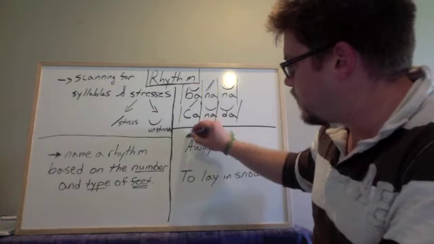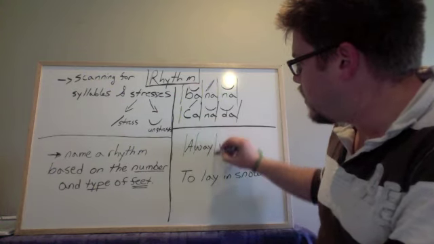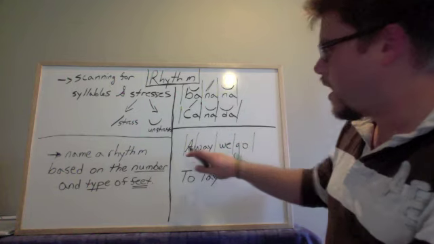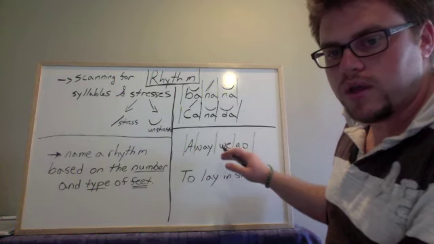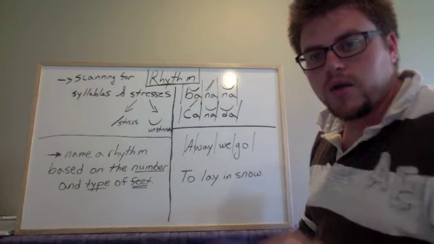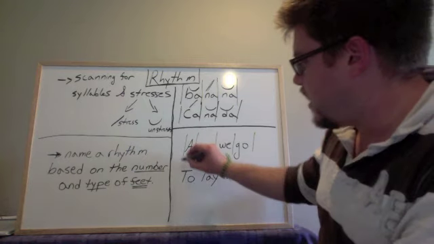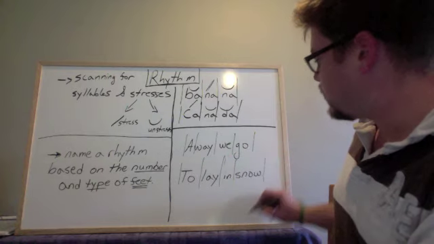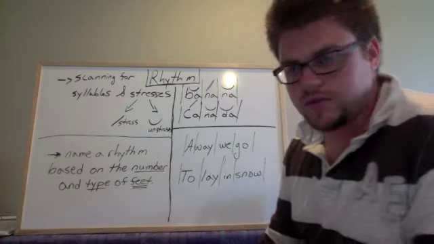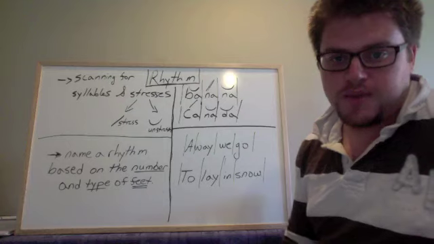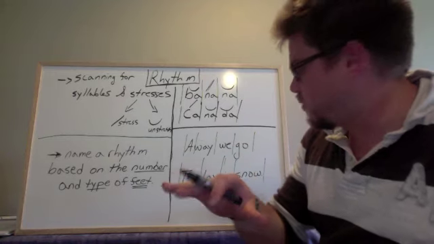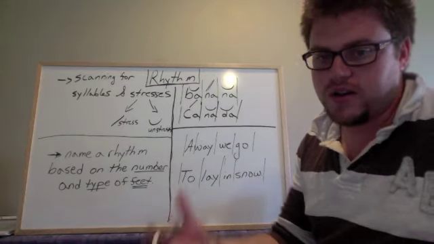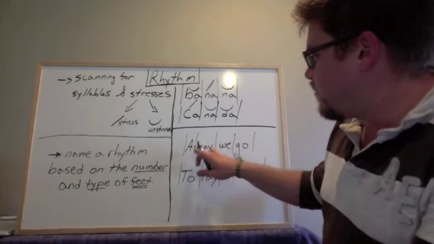First, I'm going to separate all of the syllables. A-way we go. That's four syllables. And in the second line, we'll see the same. To lay in snow is also four syllables. That's the easy part. The hard part is actually putting a stressed or an unstressed sign on the syllables.